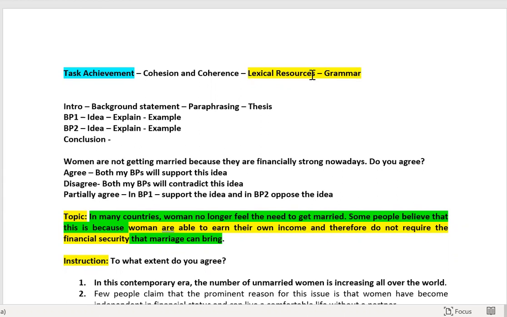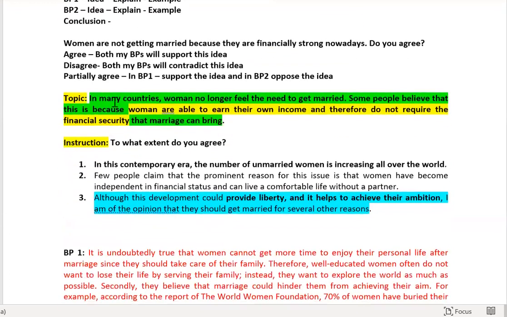It's not technical, meaning they are not about how a water motor or a water pump works. It's not like that. The questions will be related to our general life, like what government can do to improve the rubbish issues, or what are the problems of traffic. All the topics will be like that only.